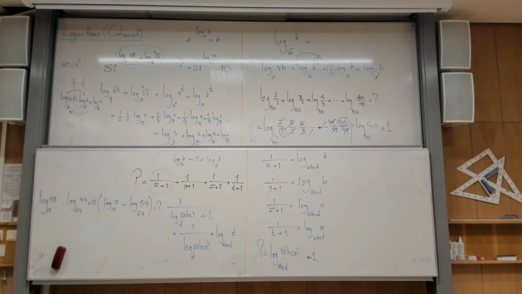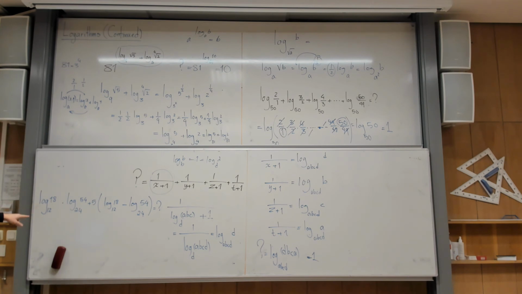Let me double check everything. No, yes, that's correct. 18 base 12 times 54 base 24 plus 5 times the difference, 18 base 12.